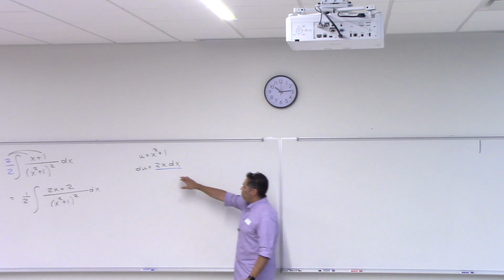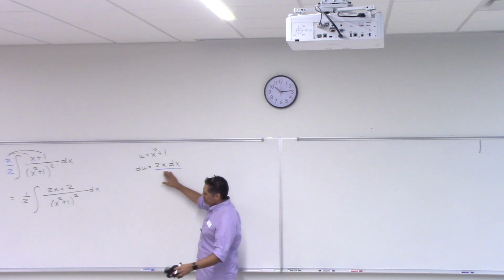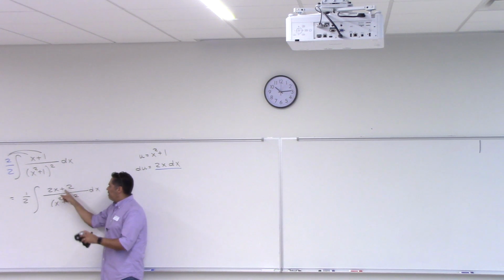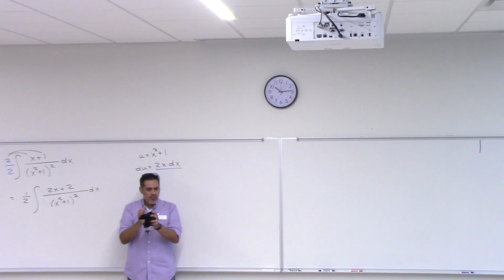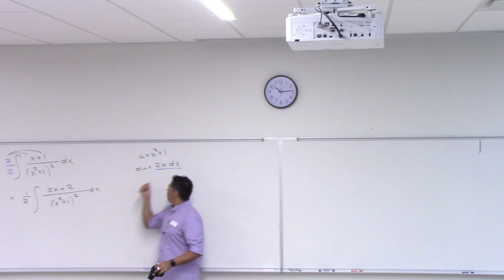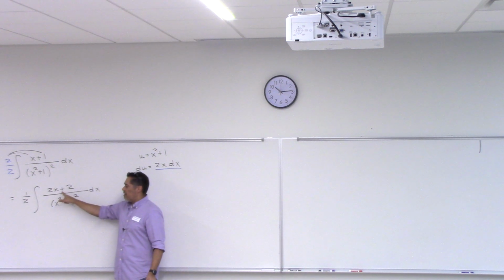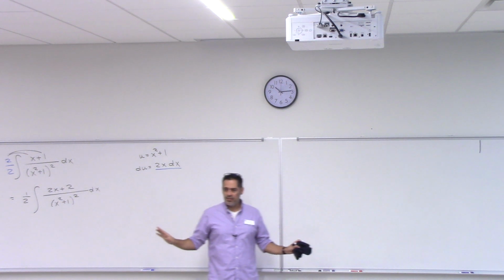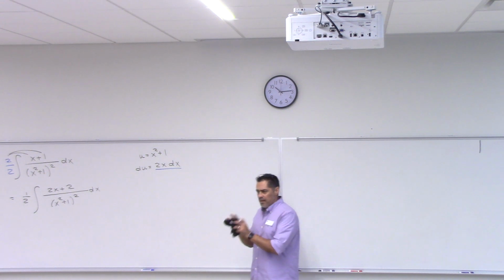Now, is my numerator 2x dx? Not yet, right? In the previous one, if you look at your notes, I had to insert a -4 plus 4, didn't I? To make it match. Here, it's just 2x, so I don't need to insert anything, do I? I just need to split the 2 into 2 pieces, right? I'm going to split that integral right now into 2.